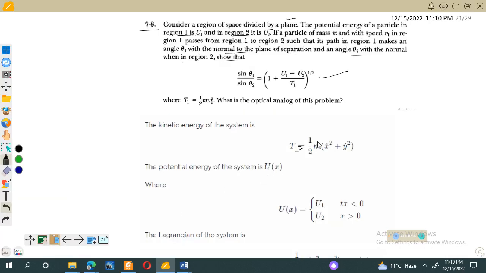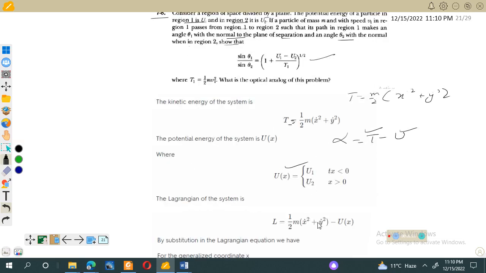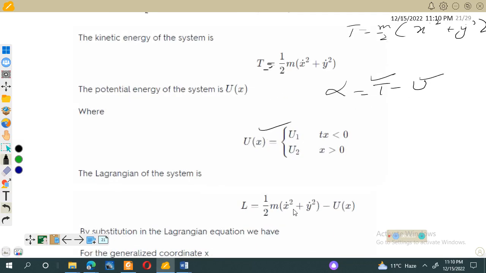So the Lagrangian of the system will be equal to m over 2 times x dot squared plus y dot squared minus U of x.